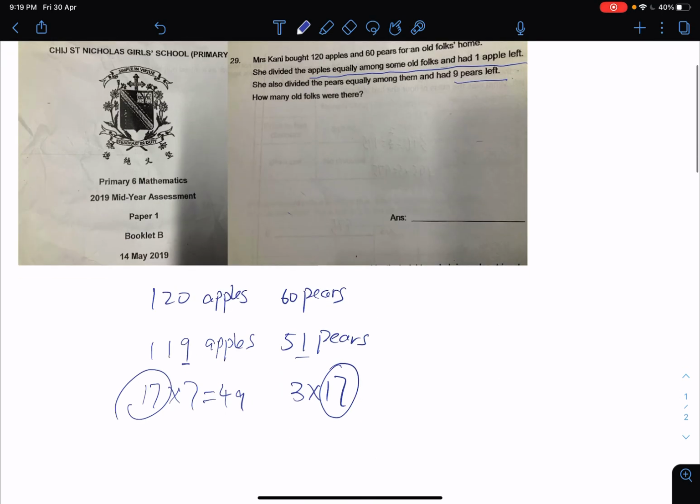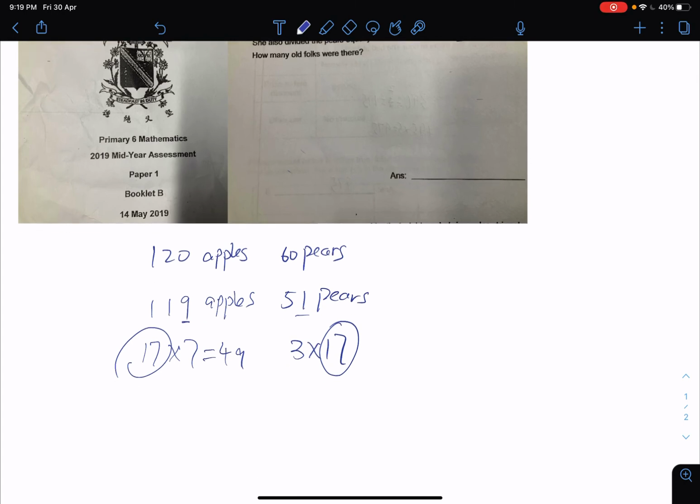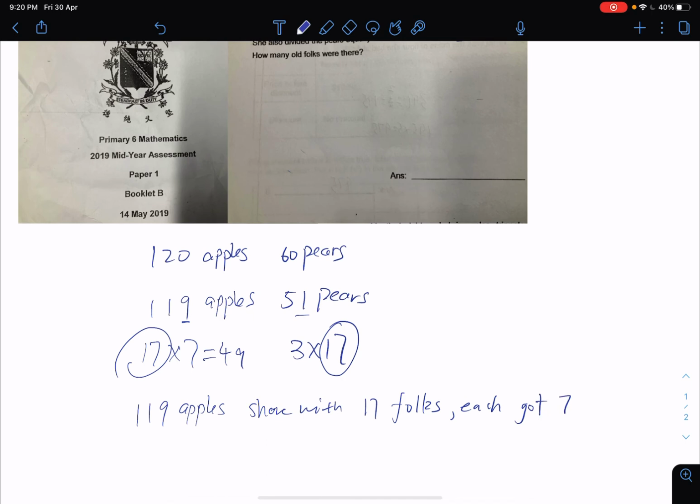This is the largest, right? So the common factor is 17. So we know for the apples, right? It's like 119 apples share with 17 folks, right? Each got 7 apples.